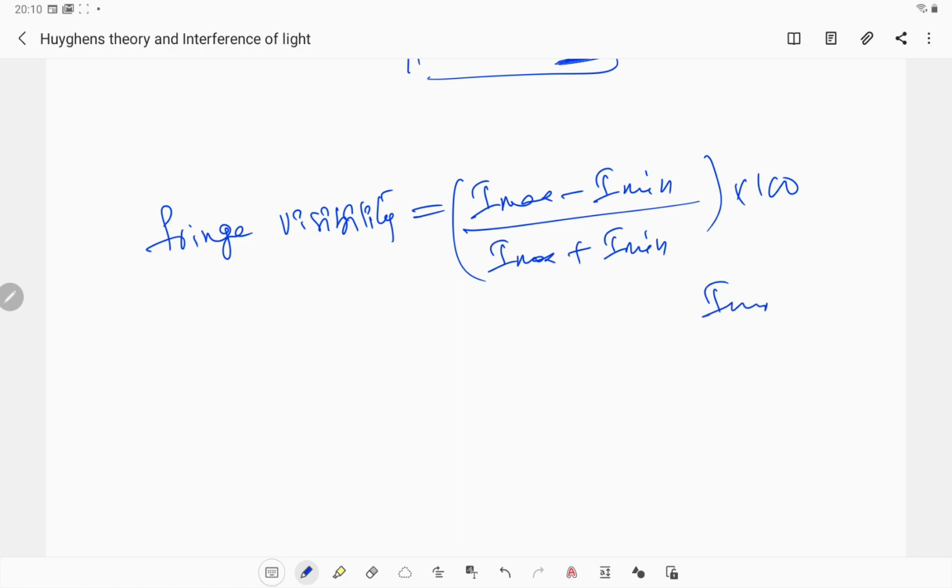For example, I minimum is equal to 0. I minimum 0 means this is 0, this is 0. I maximum by I maximum is 1, this is 100%. Therefore, when minimum intensity is 0, fringe visibility is 100%. It means if the interference pattern is observed on the screen, we can easily distinguish which one is the bright band and which one is the dark band. That defines the fringe visibility.